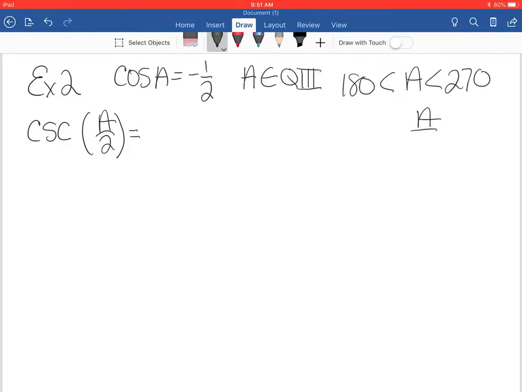If I divide that by 2, so I can see where angle A over 2 is, that gives me 135 as my high value and 90 as my low value.